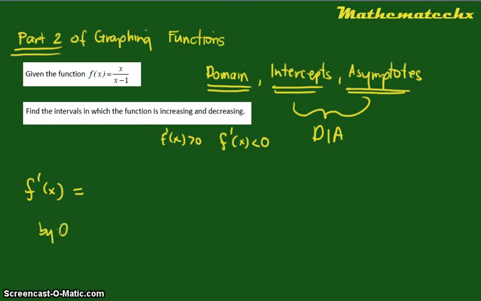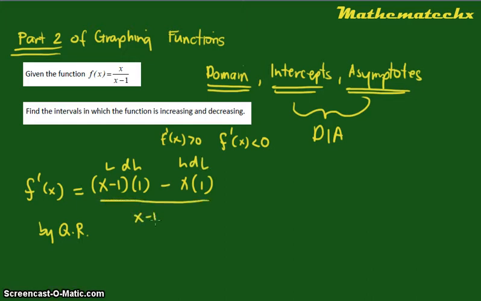By the quotient rule, we have x minus 1 times 1 minus x times 1: low d-high minus high d-low, and then everything over the low squared.